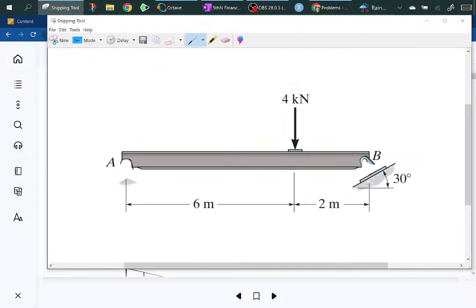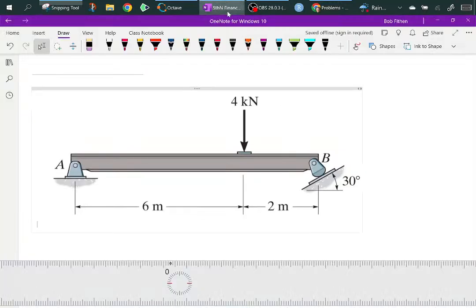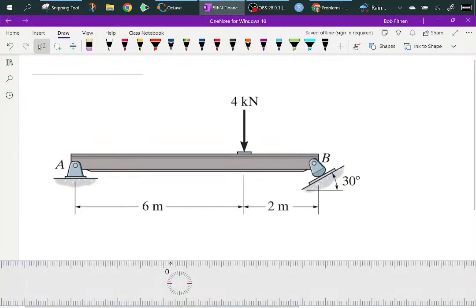Tried to do a reasonable job of eliminating the supports, but okay, we'll just go underneath here.